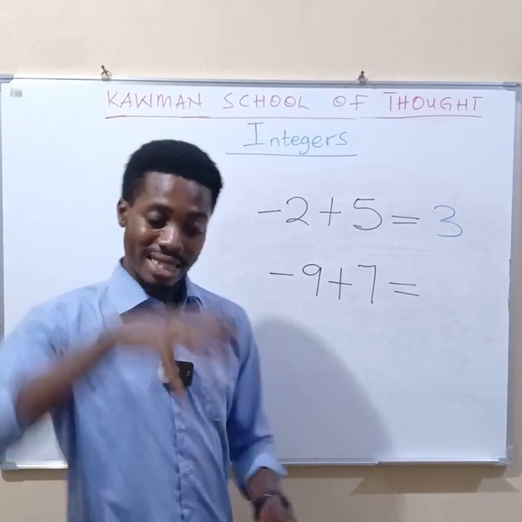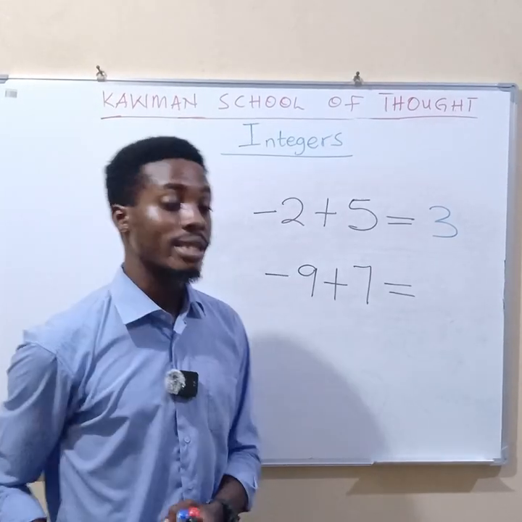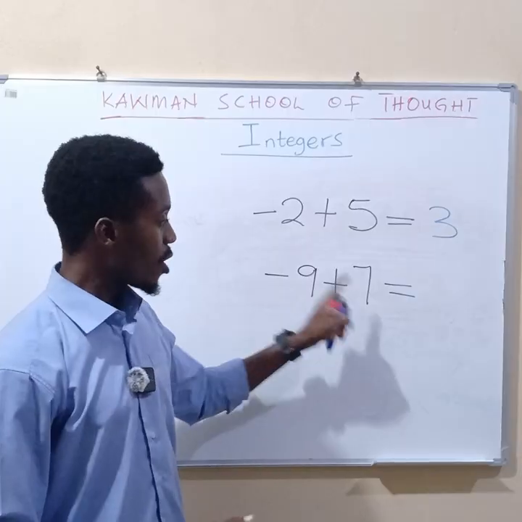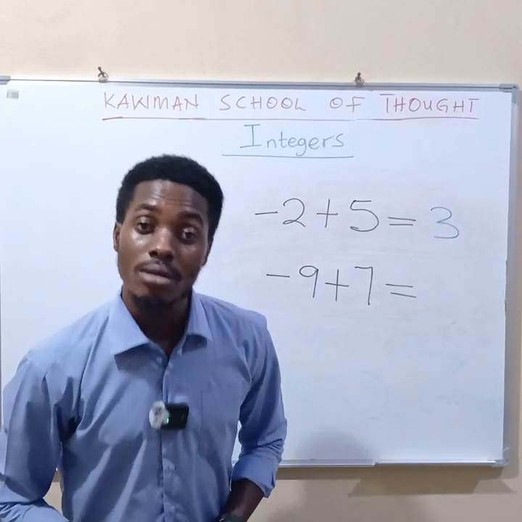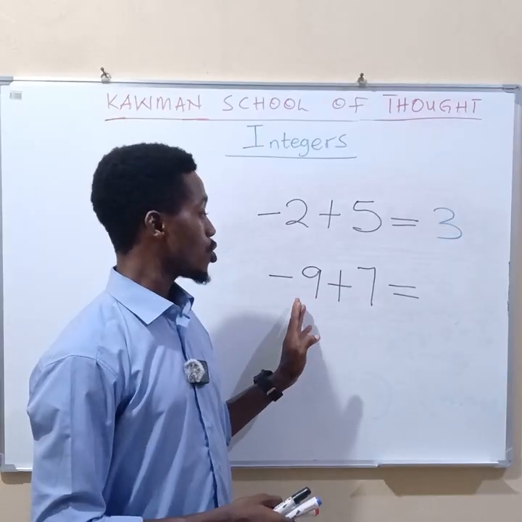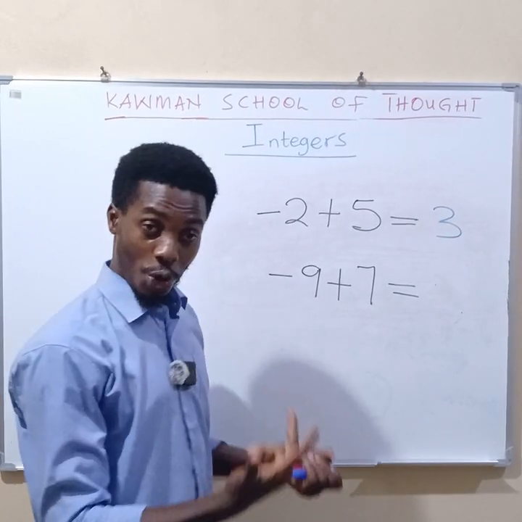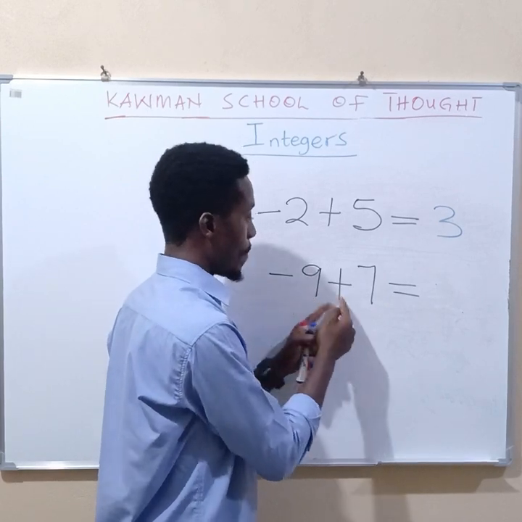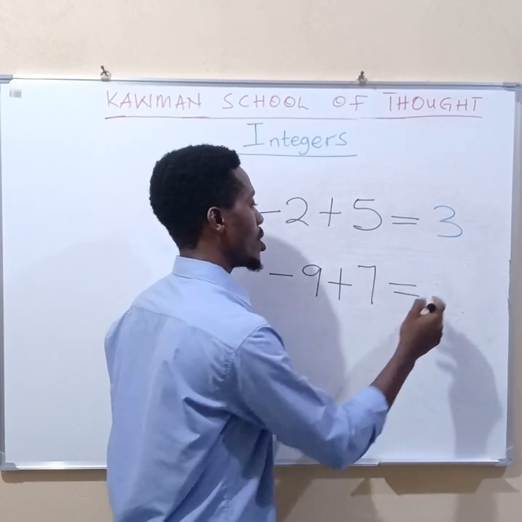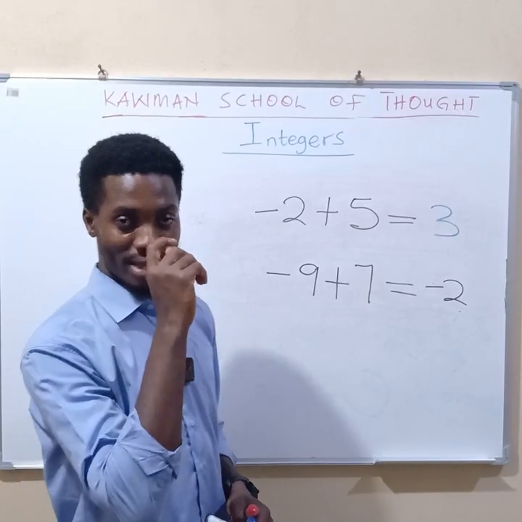No, MTN will deduct immediately. The credit lands into their system, they deduct their 9 cedis from the 7 cedis, and you are still owing, because what you bought is smaller than what you were owing. So you are still owing 2 cedis. So negative 9 plus 7 is equal to negative 2. It is as simple as that.